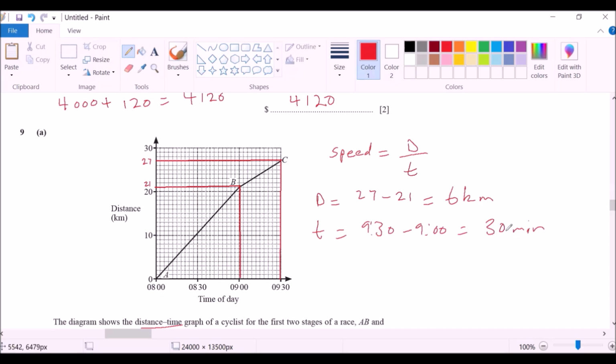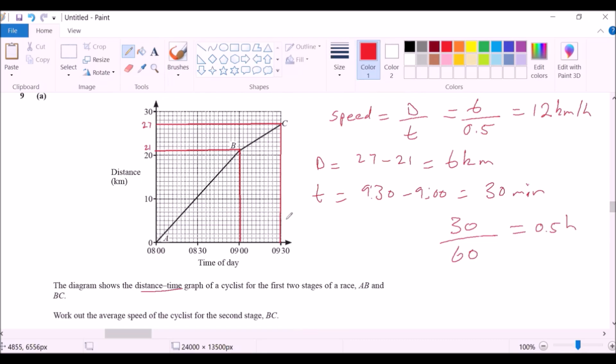We need to convert this to hours. 30 minutes over 60 minutes is 0.5 hours. So our speed will be our distance 6 kilometers over our time in hours 0.5 hours, which will give us 12 kilometers per hour.